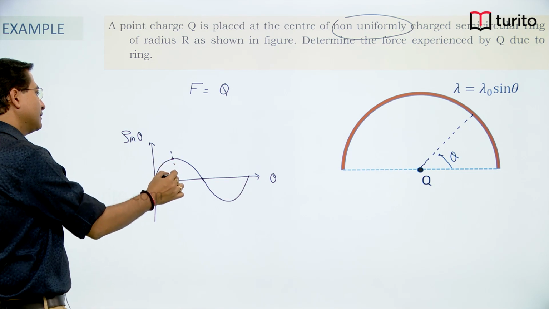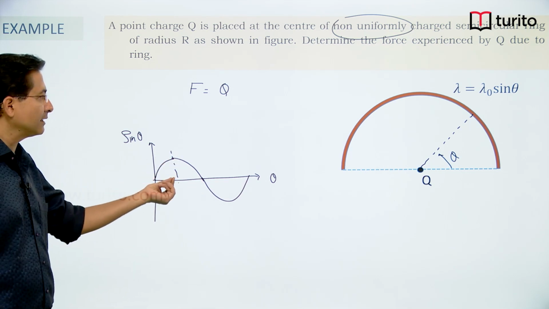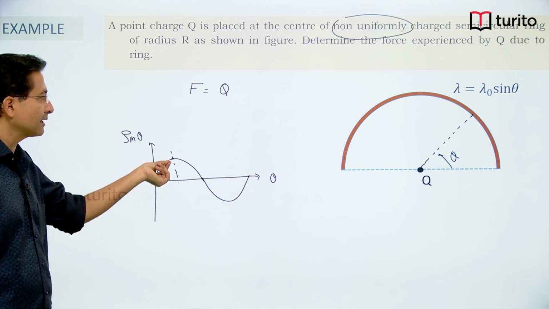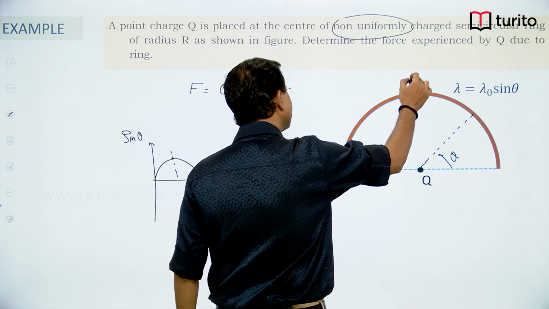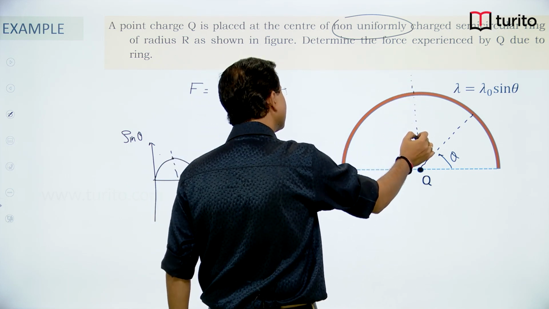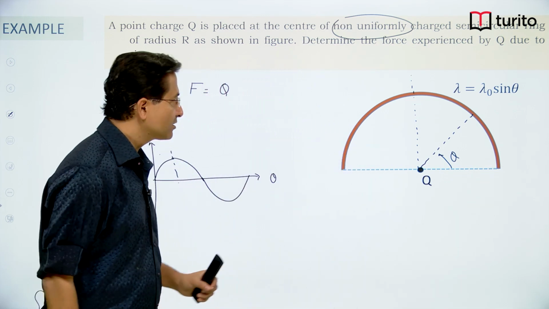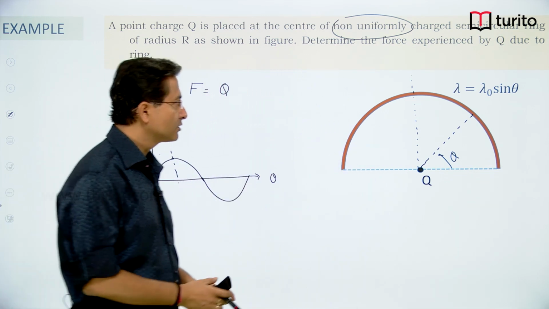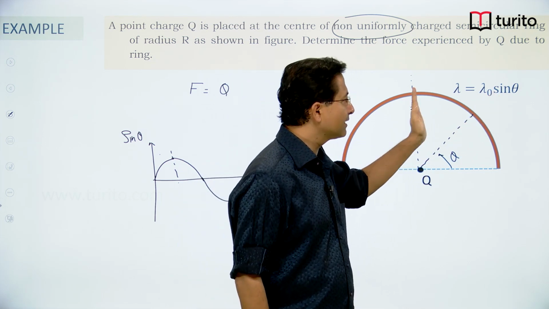The first quadrant is positive, the second quadrant is also positive, and from 0 to 90 degrees, as you keep increasing the angle, the value keeps increasing. So if I want to draw the distribution, you can easily see that it is non-uniform. Somewhere here, exactly here, theta is equal to 0 and charge density is 0. As you keep increasing the angle, density increases.